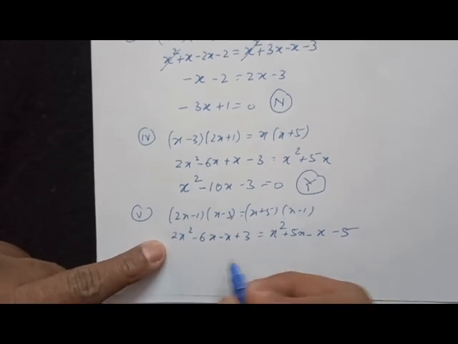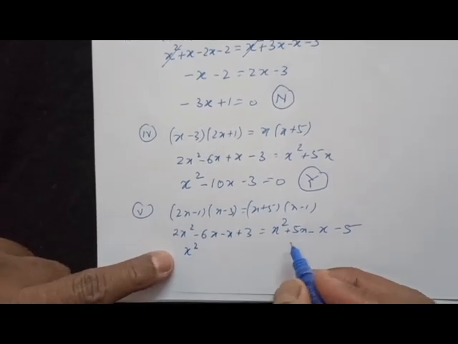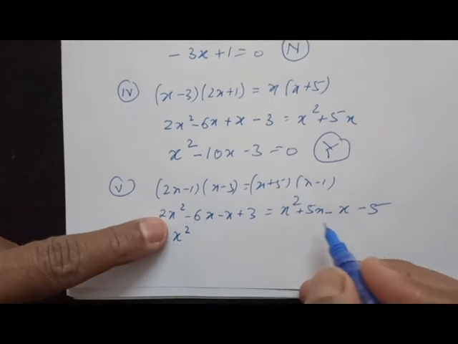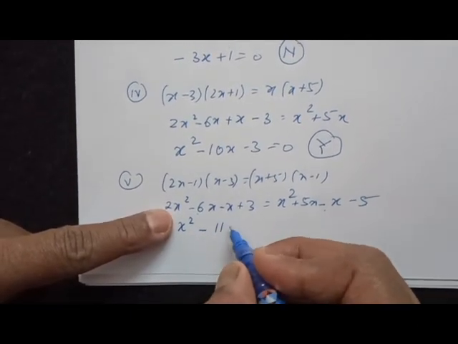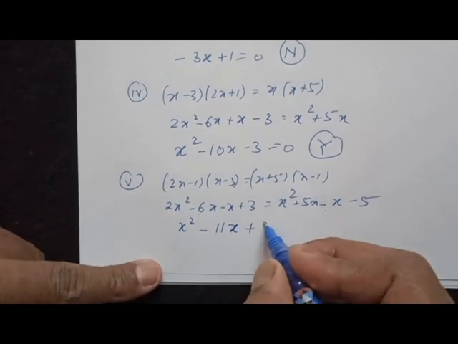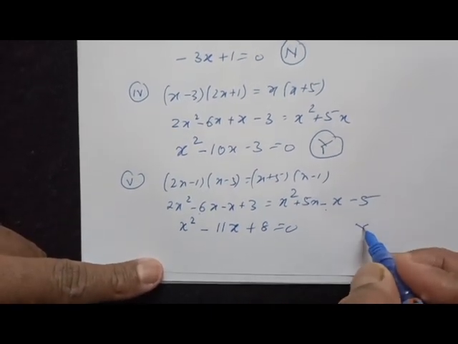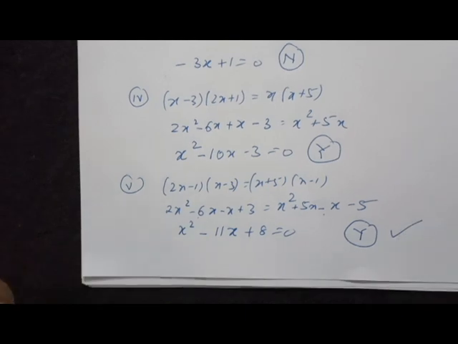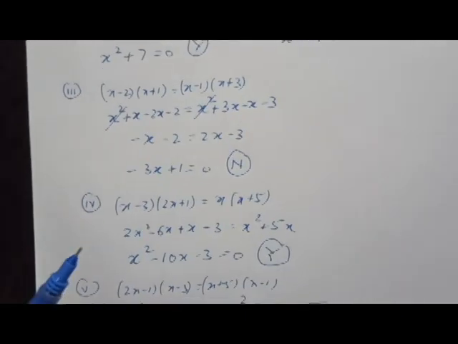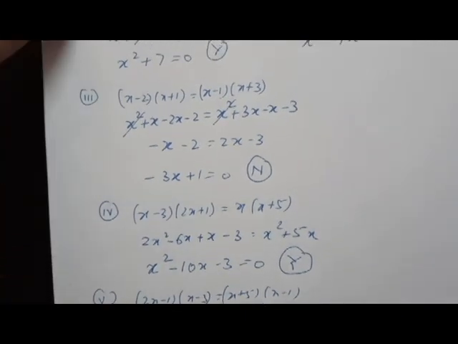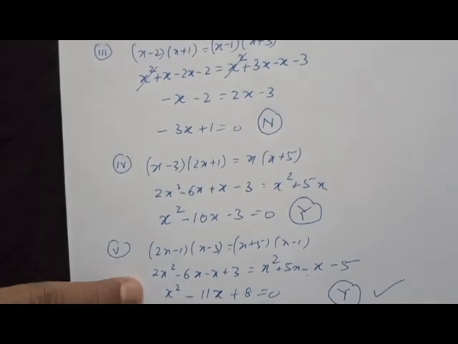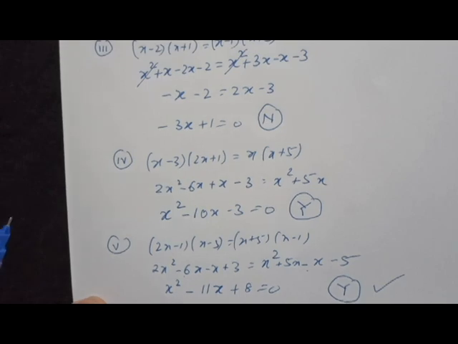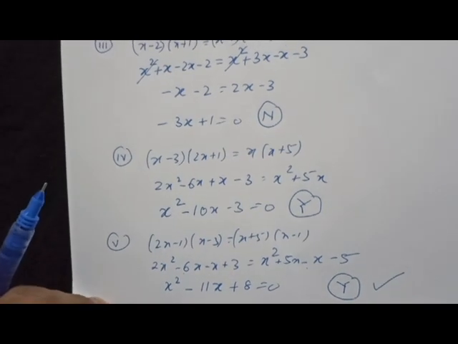So 2x square minus x square will give you x square. This will give you minus 7x, and from here you will get 4x. So minus 11x plus 8 is equal to 0. So this is also a quadratic equation. So like this you can solve the other 2-3 parts which are left. Only you have to expand the bracket, and after expanding you have to find out whether the given equation is quadratic or not, that is its degree is 2 or not.